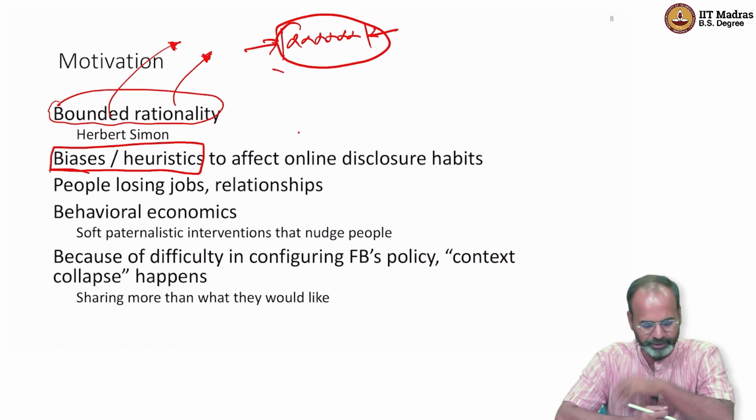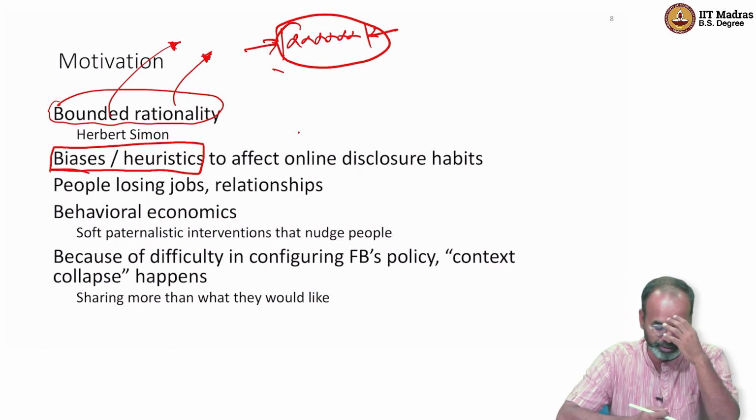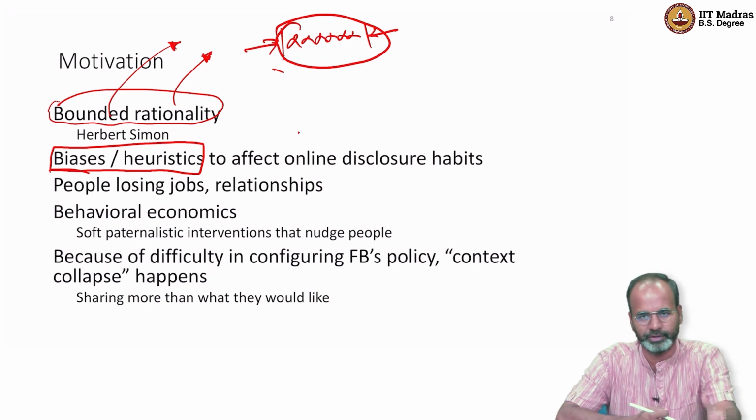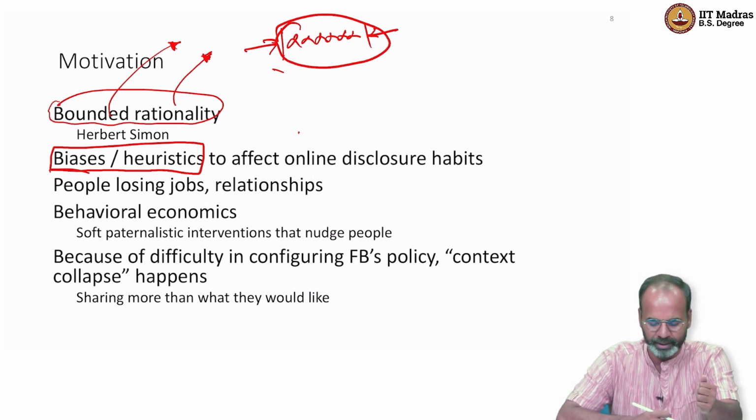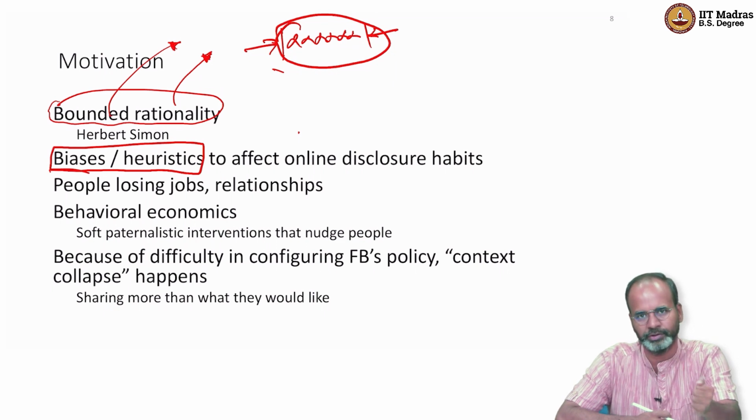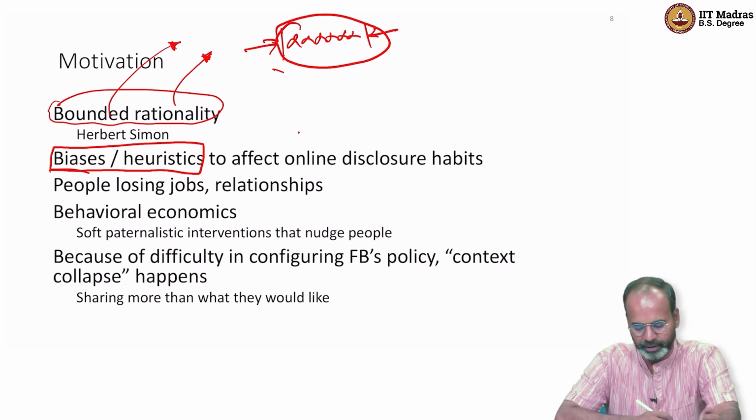Behavioral economics: soft paternalistic interventions that nudge people. A lot of research has been done, in terms of technology, economics, and user behavior, to show that nudges, not just information presented to users, can actually change user behavior. Because of the difficulty in configuring Facebook's policy, context collapse happens.